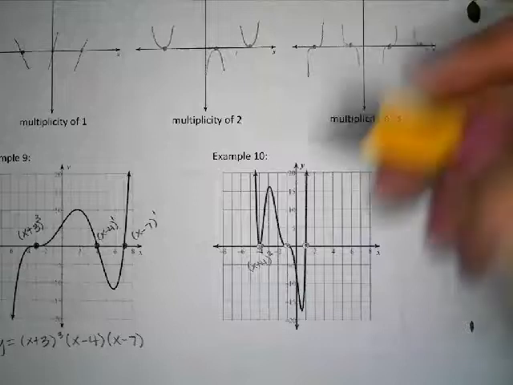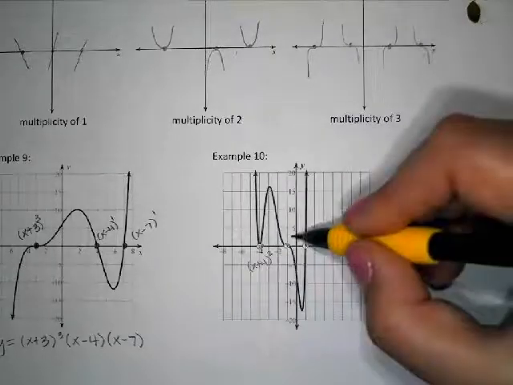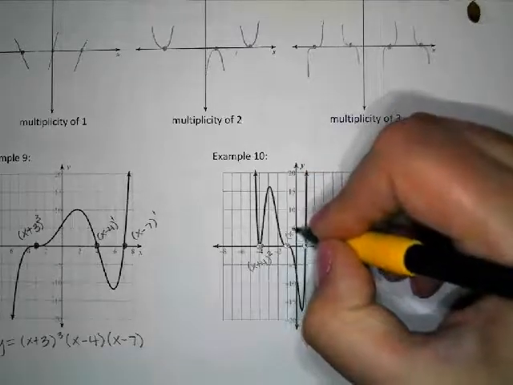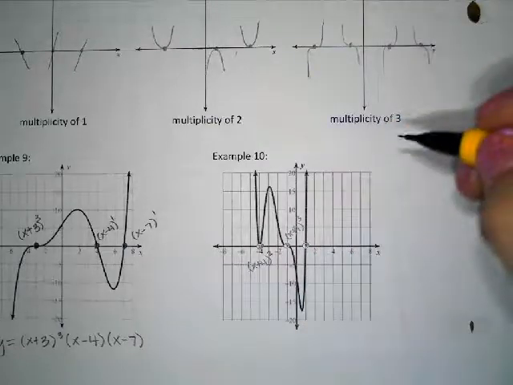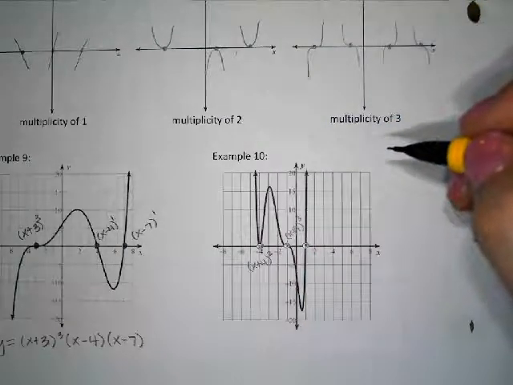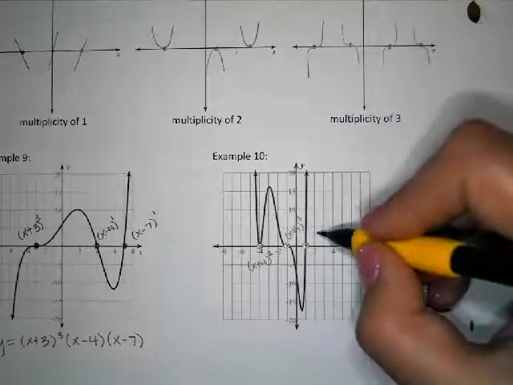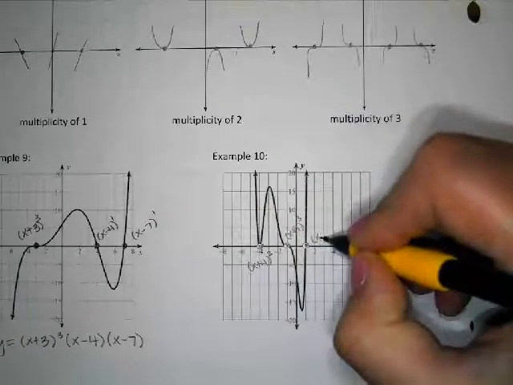X plus 1 cubed. Someone else tell me, why is it cubed? It squiggles through. And then what's the last set of parentheses? X minus 1. And why does it not have an exponent? It goes straight through.